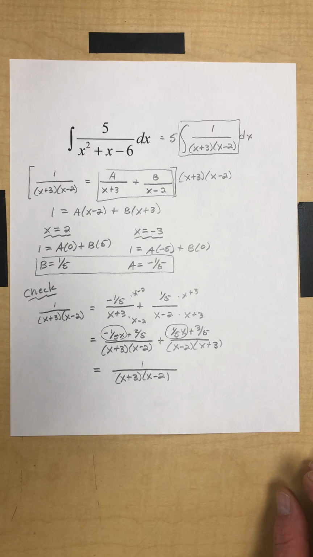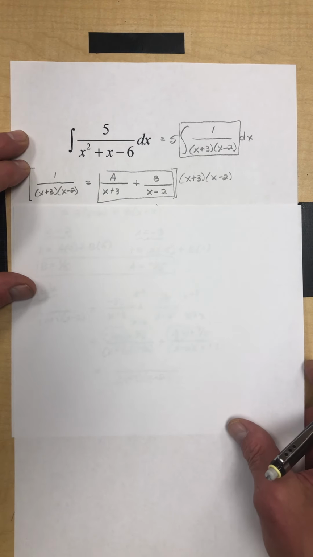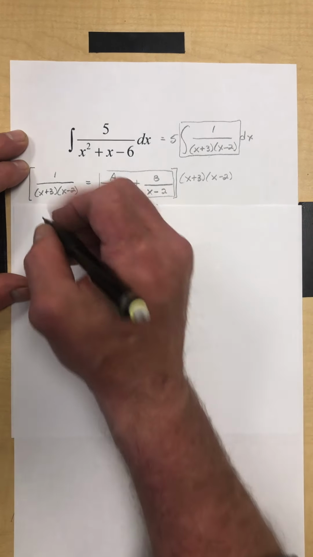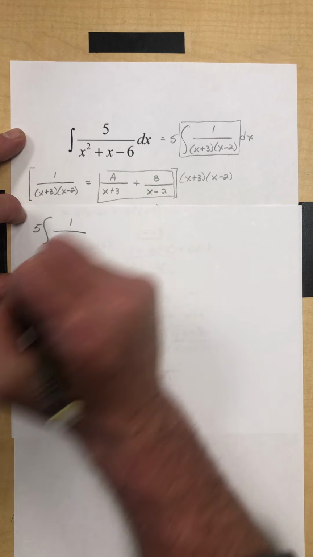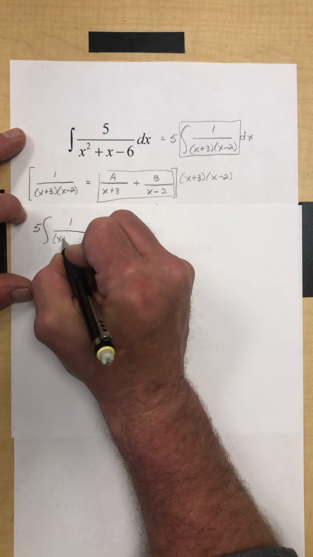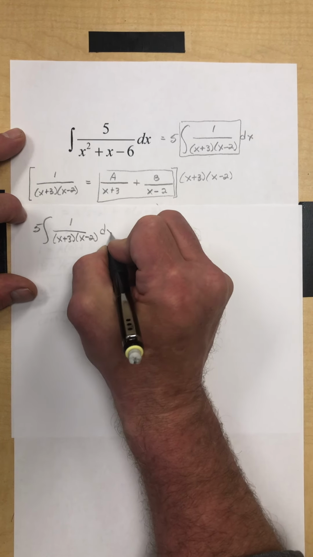Okay, so let's see. All right, so we're going back up, and let's get this set up. So I've got this guy right here, 1 over x plus 3 and x minus 2 dx.